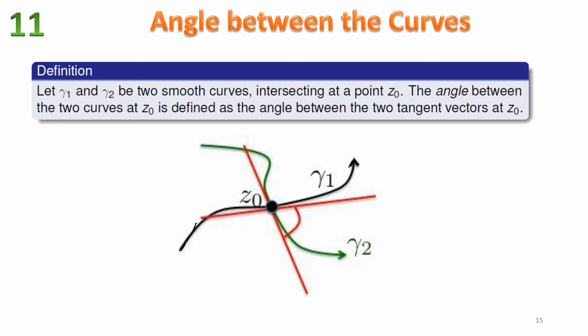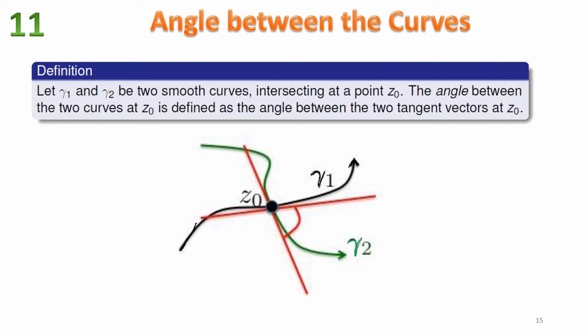We have named this curve as gamma 1. Gamma 2 is another curve, with green color, which is also going through the point Z0 and heading this way, and this is represented by gamma 2.